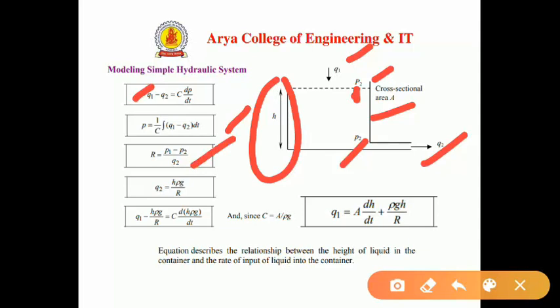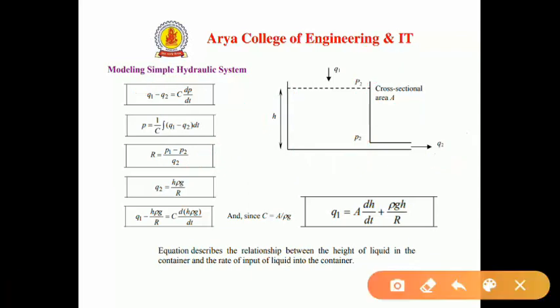This is point P1, and this is P2. So P2 is greater than P1. So R can be defined by P1 minus P2 upon Q2. Clear?